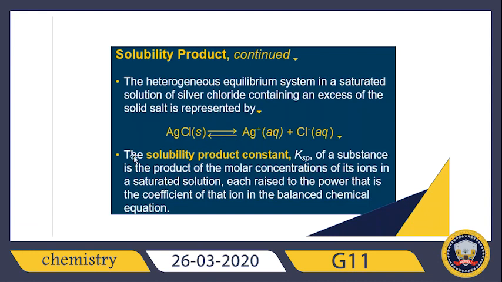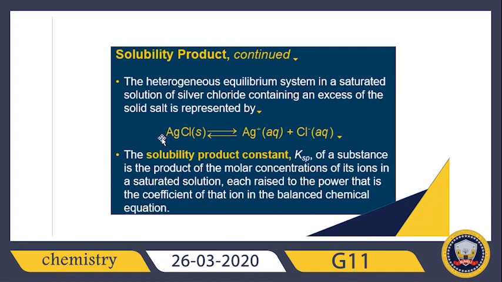So guys, the solubility product constant, KSP, of a substance is the product of the molar concentrations of its ions in a saturated solution, each raised to the power that is the coefficient of that ion in the balanced chemical equation. So before we start to calculate the solubility product constant, we need to write the balanced chemical equation.